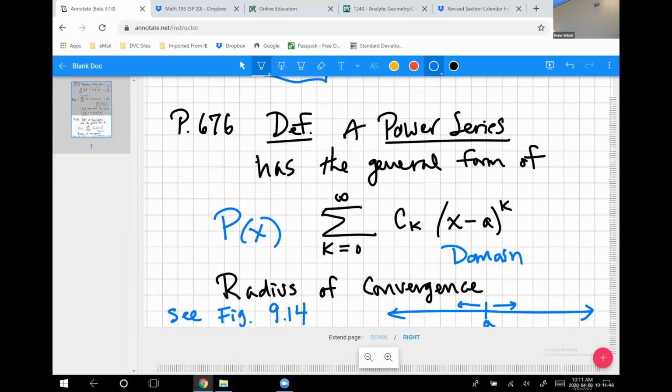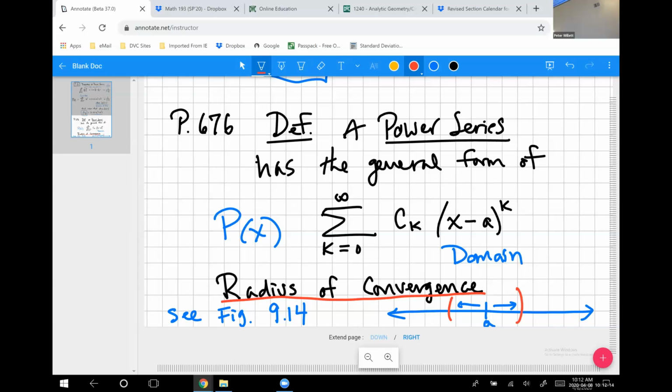So the radius of convergence is kind of like how far you can go away from a and still get the series to converge. We'll see some examples of that next. So that's the idea.